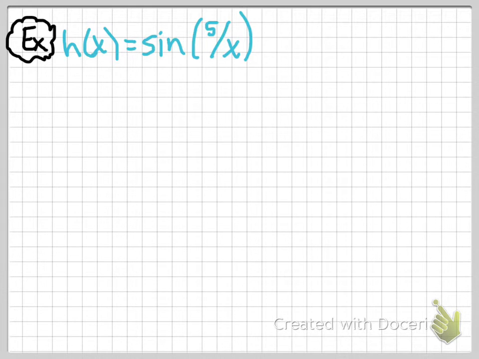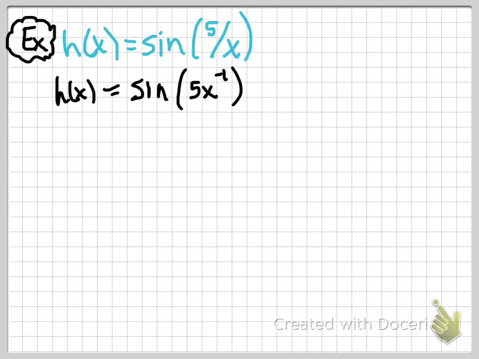Alright, so first off, I think the smart step would have been to look at 5 over x here and decide you want to rewrite it. So I'm going to write h of x equals sine, and then instead of 5 over x, I'm going to do 5x to the negative 1 power. Then we'll go ahead and derive this.